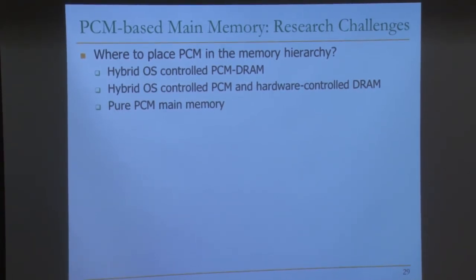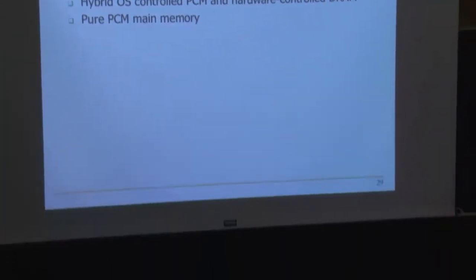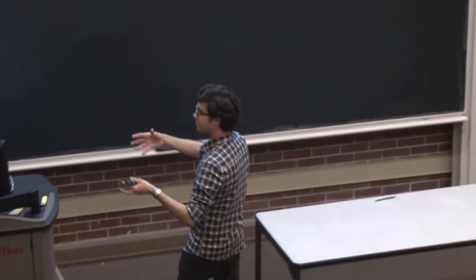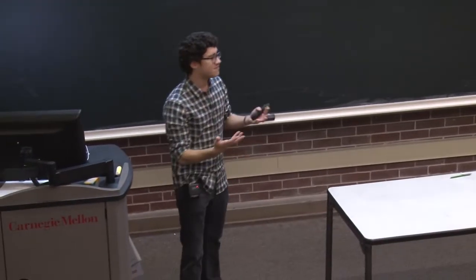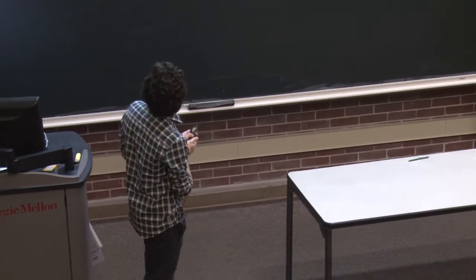For example, one high-level approach might be that we have PCM and DRAM in main memory, but it's up to the operating system to determine where data is placed between these devices. Maybe you call NV malloc, and it allocates a page or some data on the non-volatile device, or you call malloc, and it allocates a page on DRAM. That's an option.